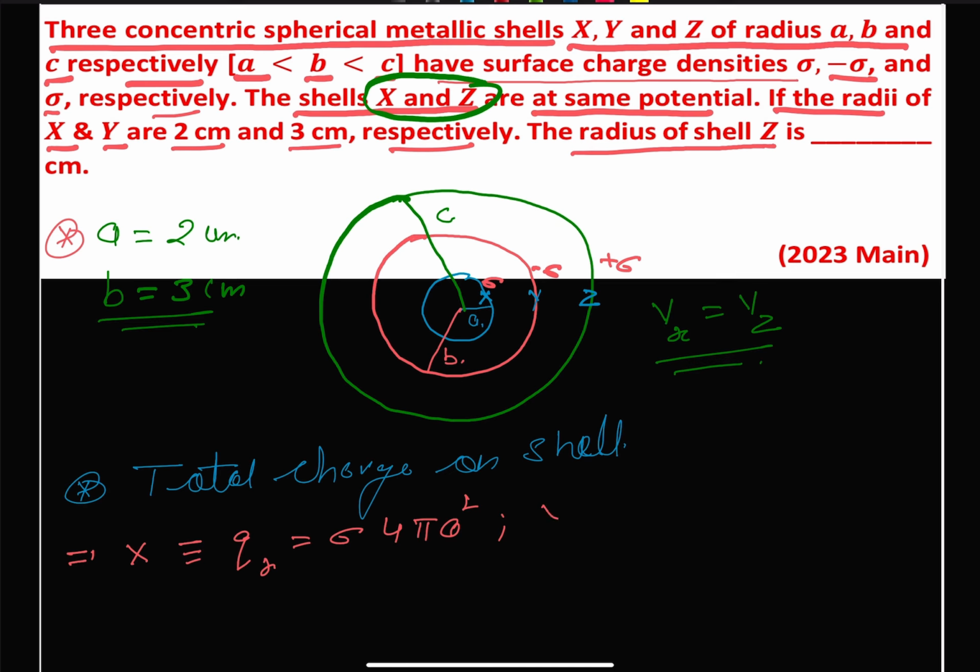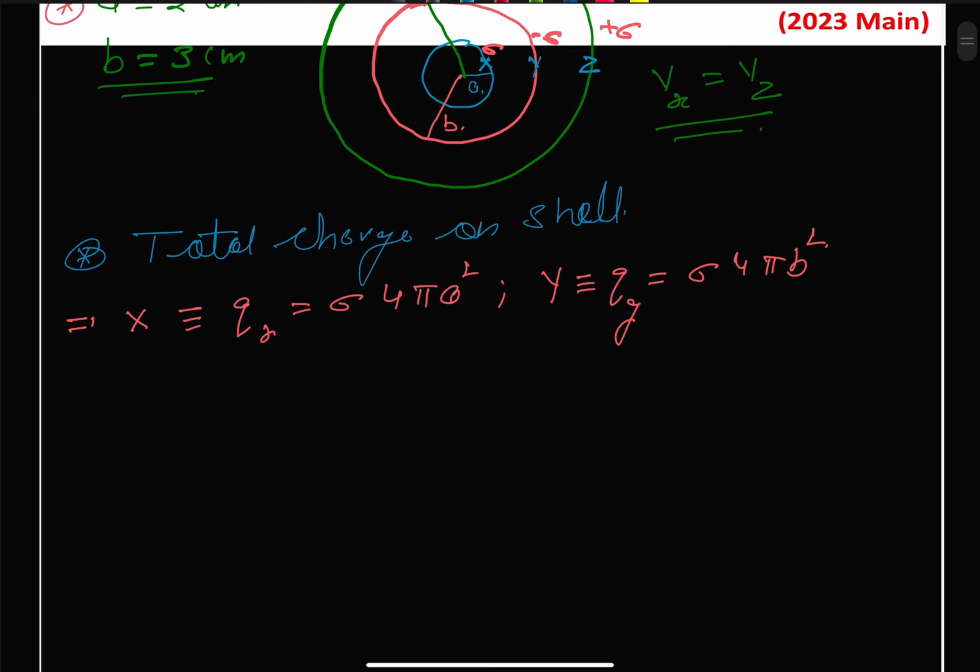Next is our Y, we call that Q of Y, which will be equal to sigma 4 pi b square. And finally we have our Z shell. Let us call its charge Q of Z. It will equal sigma 4 pi c square.